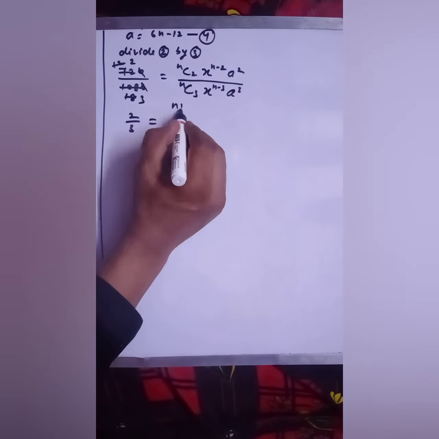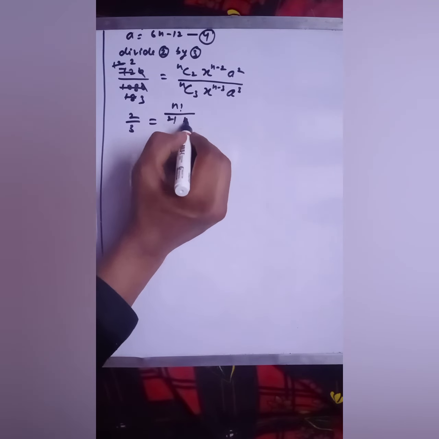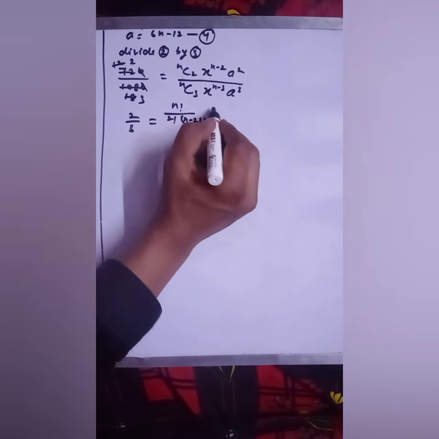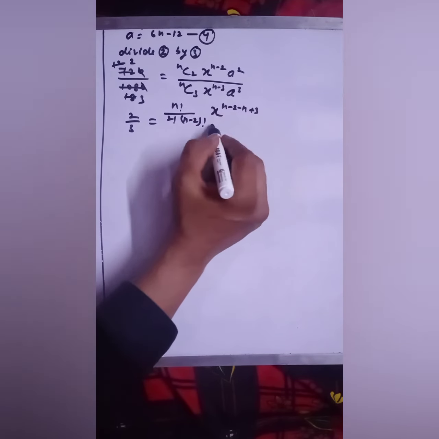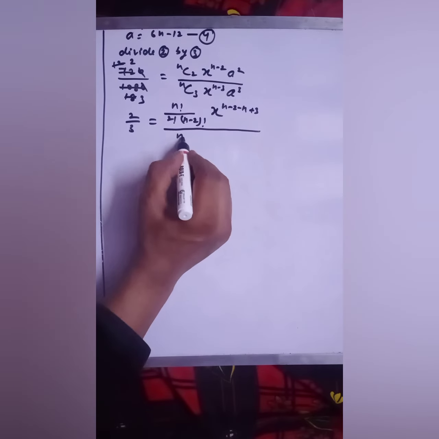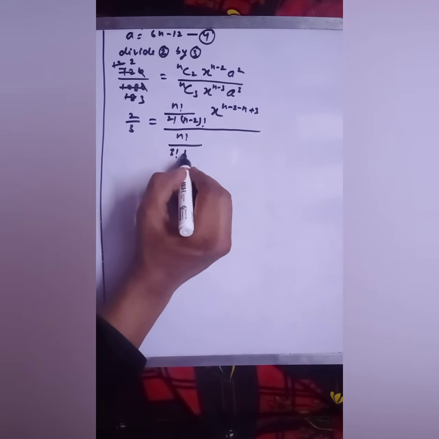Simplify this, this would be n factorial over 2 factorial n minus 2 factorial, this would be x^(n-2) minus (n plus 3), and whole n factorial over 3 factorial n minus 3 factorial.